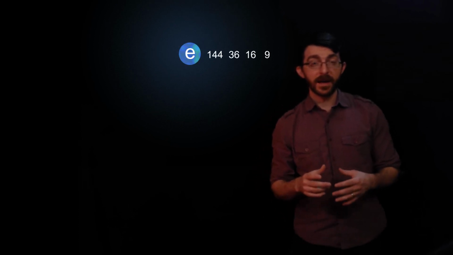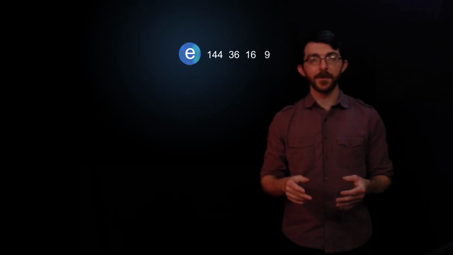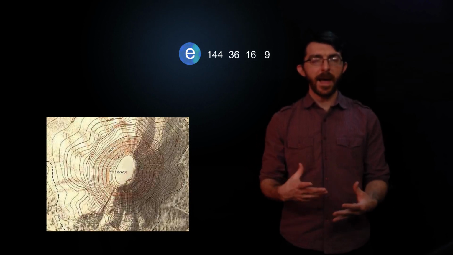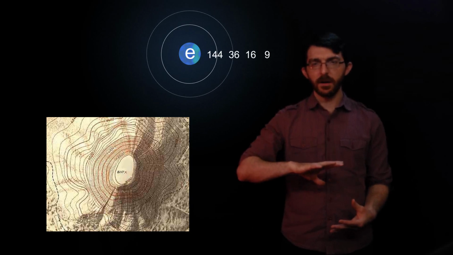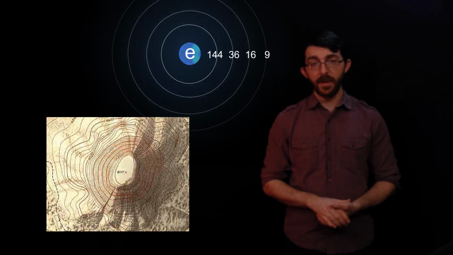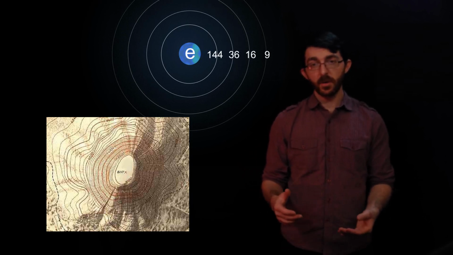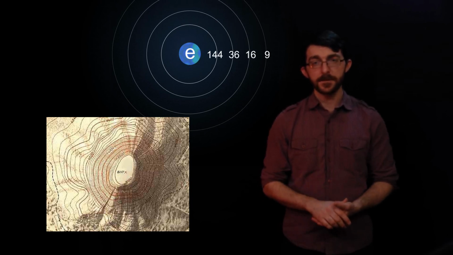Now, going back to our hill or pit metaphor, if you wanted to have a map of a landscape, you could have a map that shows lines that indicate levels of equivalent height or elevation. These are topographical maps, and you can use these to navigate a hiking trail or just to get an idea for the topography of some landscape.